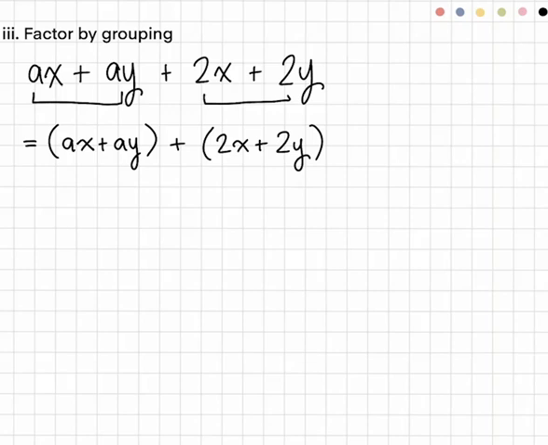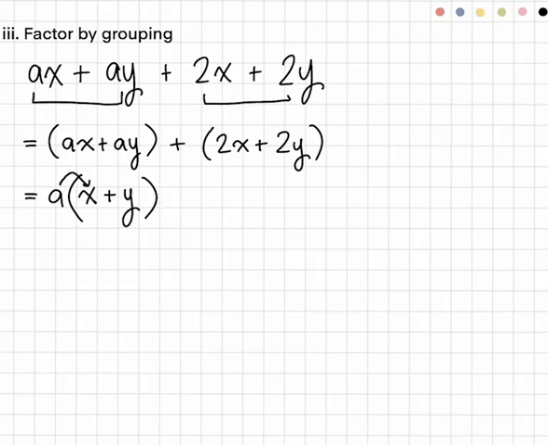So what is the greatest common factor that I can pull out of each of these terms? Let's look at the first set of brackets. Well, I don't have any coefficients, so I'm going to look at my variables, and I see that I can pull out an a. If I take out an a, I know that I'm going to be left with x plus y, right?